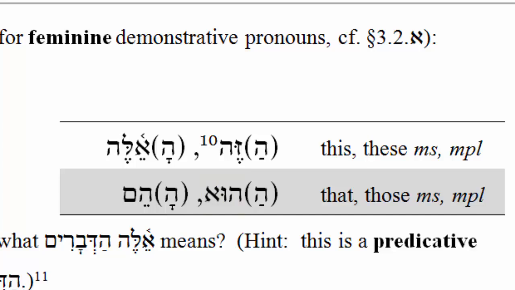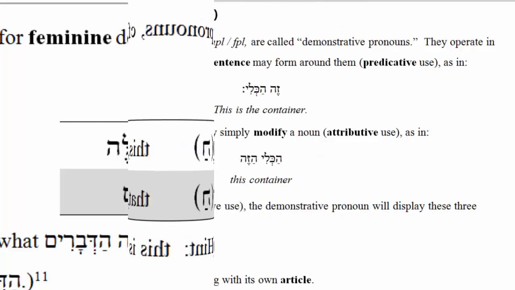It serves also as the demonstrative pronoun masculine singular, the one which would be referring to something either further away in time or in space, that. The plural form for that is also a pronoun, heim. Again, this is the masculine plural. You'll be learning the feminine forms a little bit later.